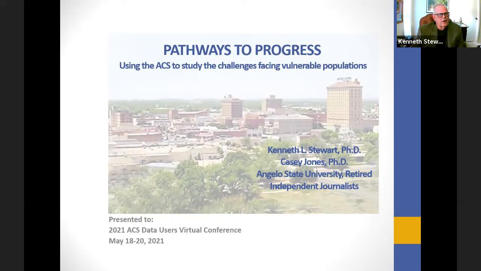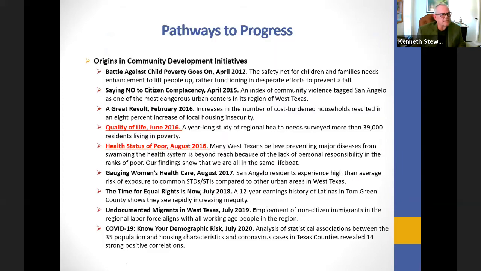A typical article in Pathways to Progress is about 1,500 words long with accompanying graphics, which often use data from the ACS as well as combinations of data from many of the other sources that have been represented here today.